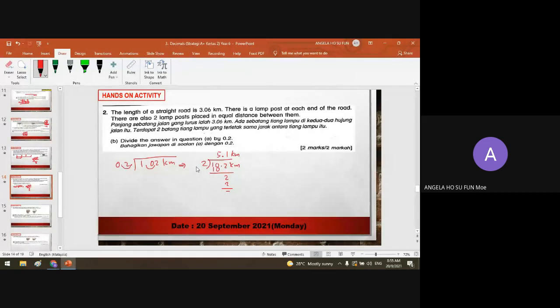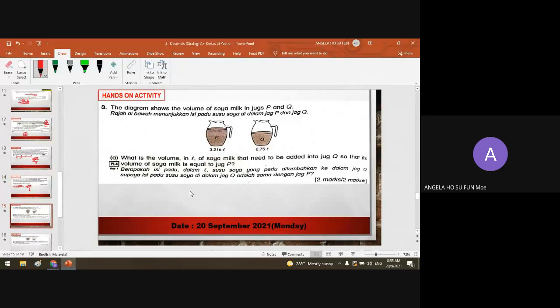It's the same, right? Next, question number 3. Anyone wants to try out this one? The diagram here shows the soya milk in jugs P and Q. This is P, a bit fuller compared to Q. The question asks you, what is the volume in liter of soya milk that you need to add into Q so that the volume of soya milk equals jug P?